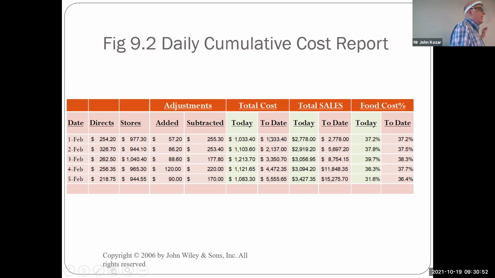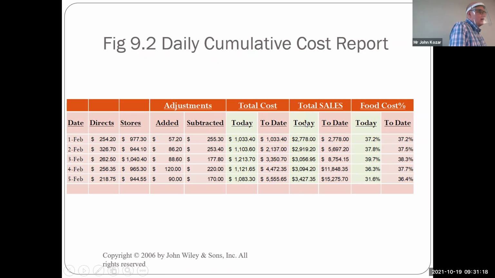Since we're looking at this whole week, we're going to have a column that says to date. So on Monday, the 1st, it's going to be the same number. But on Tuesday, we're going to add these two numbers together and get this total. So this is looking at cost day by day, and then for the whole week, it's 55.55.